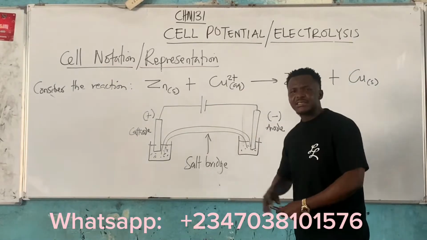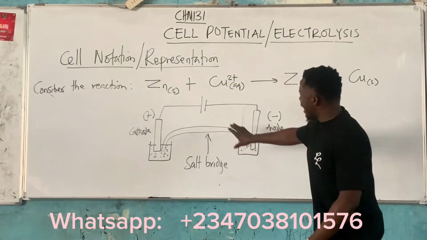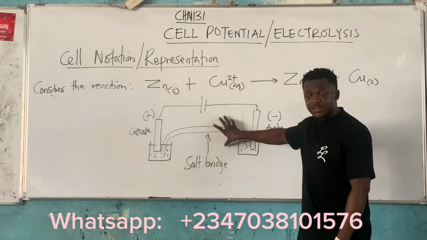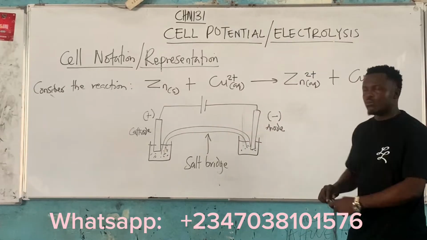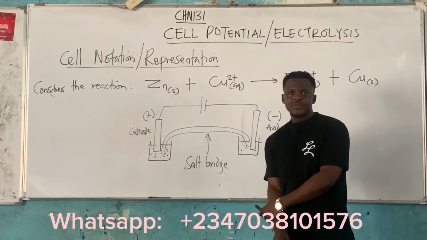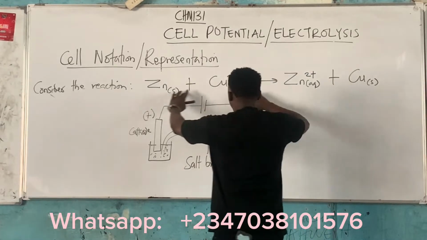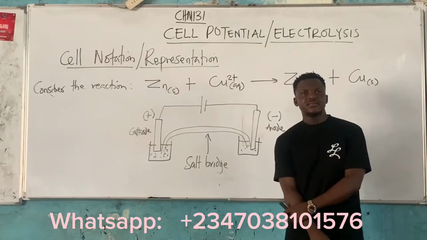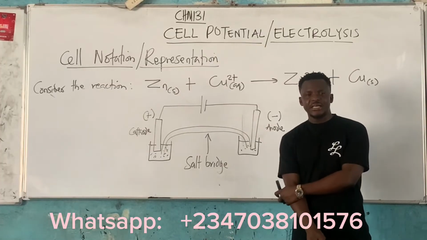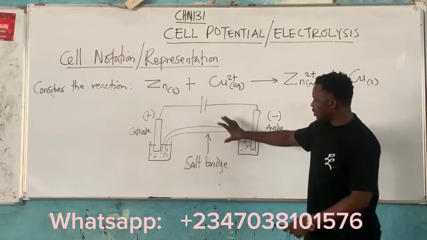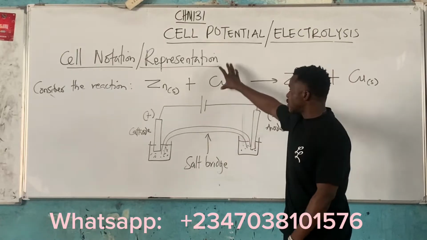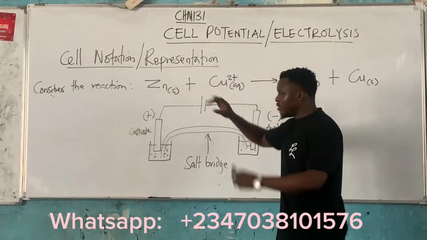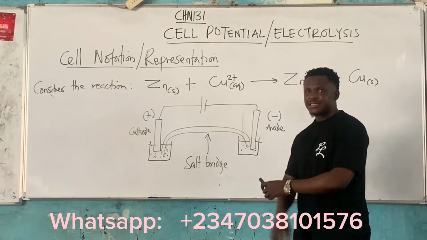Now, please look at this. Most of the time, I can write this same structure in a shorthand form. Instead of drawing this bulky structure, I can shorten it, and they can use it to ask you questions in exams. So I'm going to give a shorthand form of this entire cell.